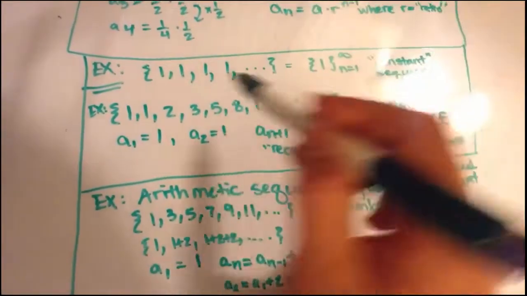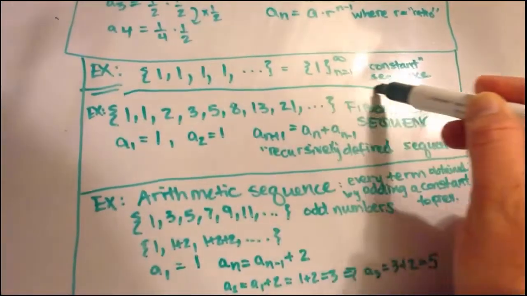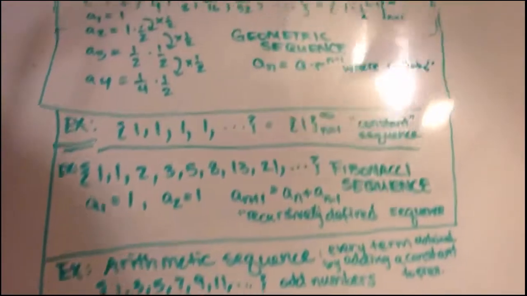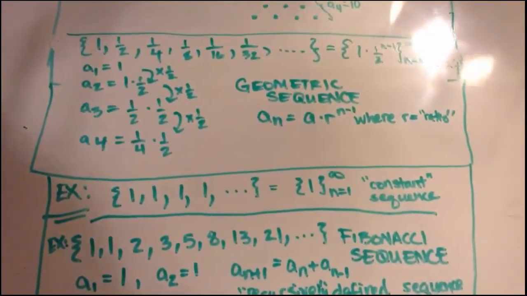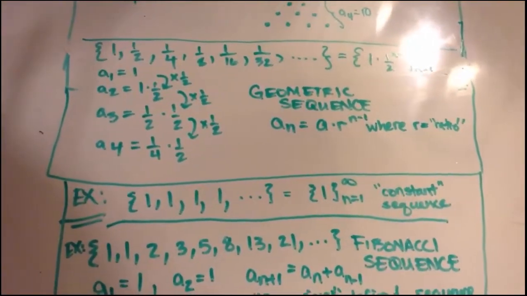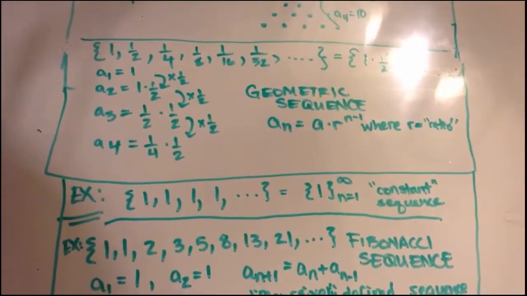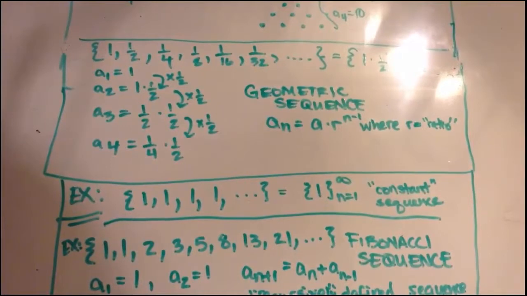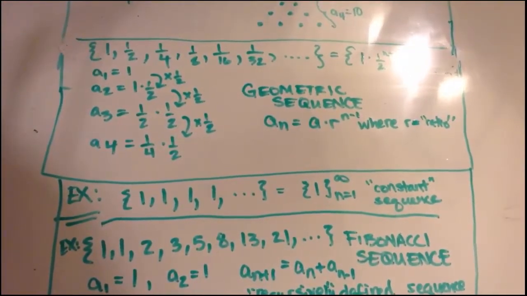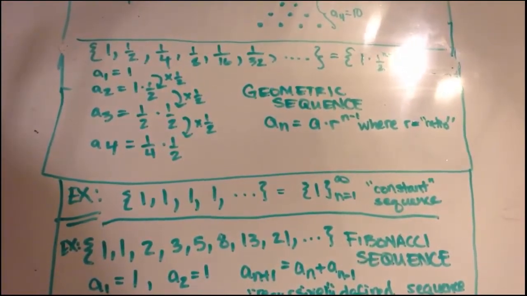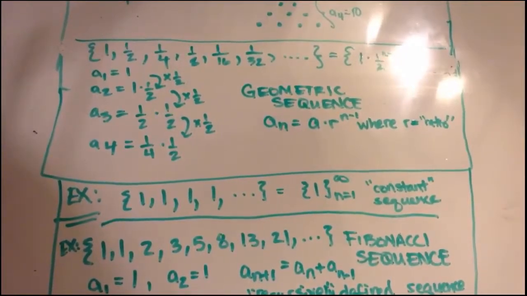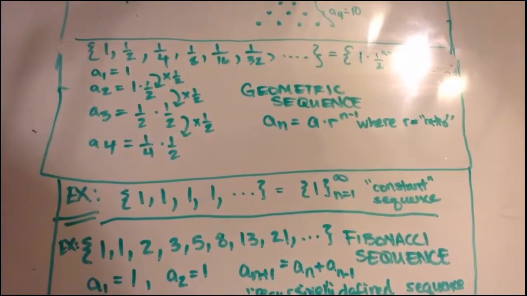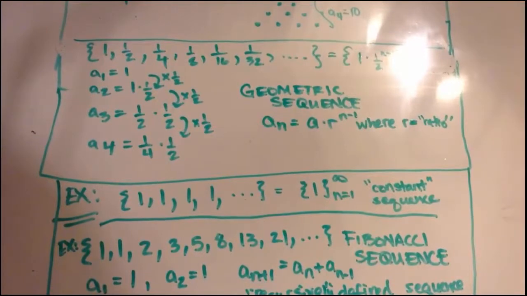But in the case of the constant sequence, and also in the case of this geometric sequence, that's not the case. In the constant sequence, every term appears to be 1. So if you were to see what the trend of the sequence is doing as n gets infinitely large, you'd expect the answer to be 1. The sequence can have limits, and the limit of this constant sequence should be 1.